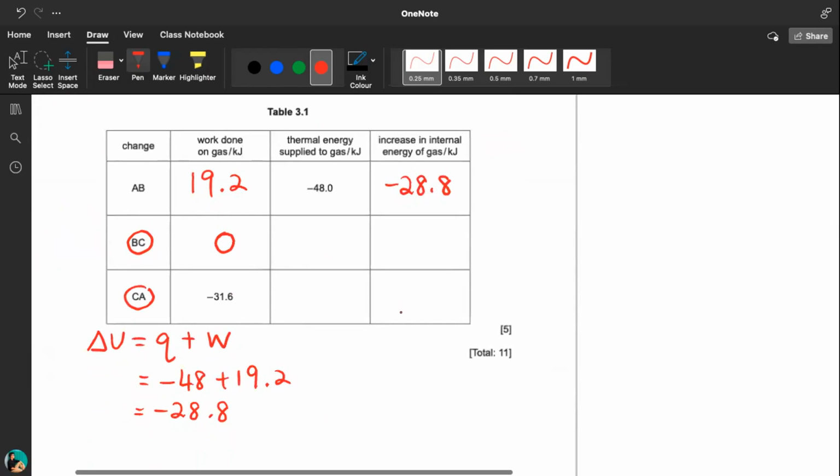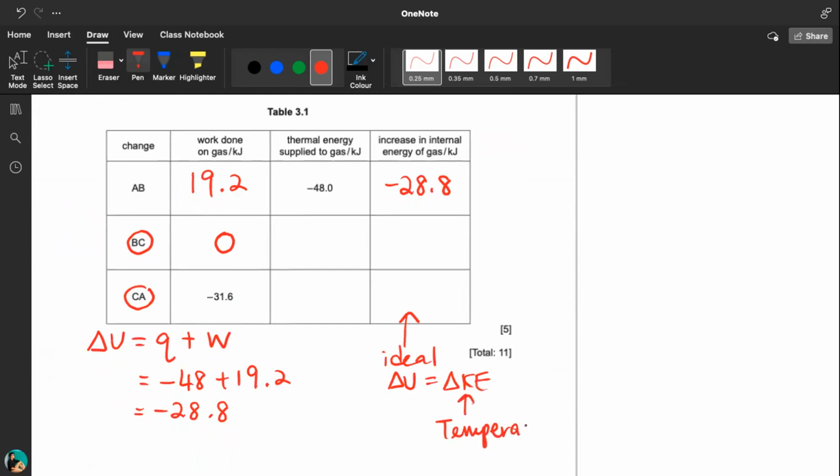Now we want to find the increase in internal energy. What is the increase in internal energy? If you recall from last week, past years, we did one very similar one. For ideal gas, we are going to ignore PE. So all the internal energy is going to be the change in the kinetic energy, and temperature is the average kinetic energy.